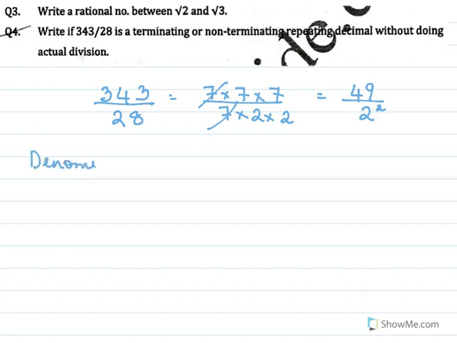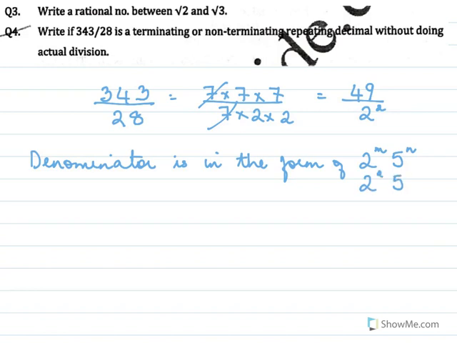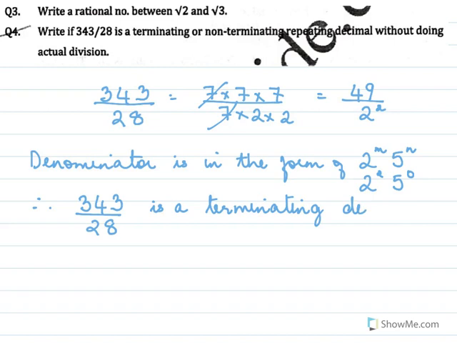So the denominator is in the form of 2 raised to m, 5 raised to n. That is 2 raised to 2, 5 raised to 0. Therefore, 343 over 28 is a terminating decimal.